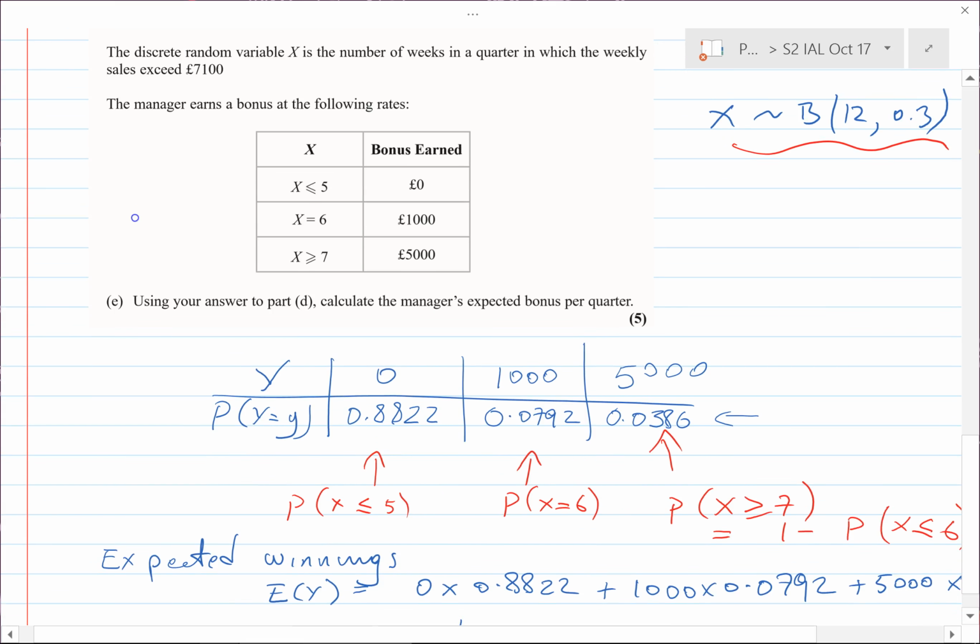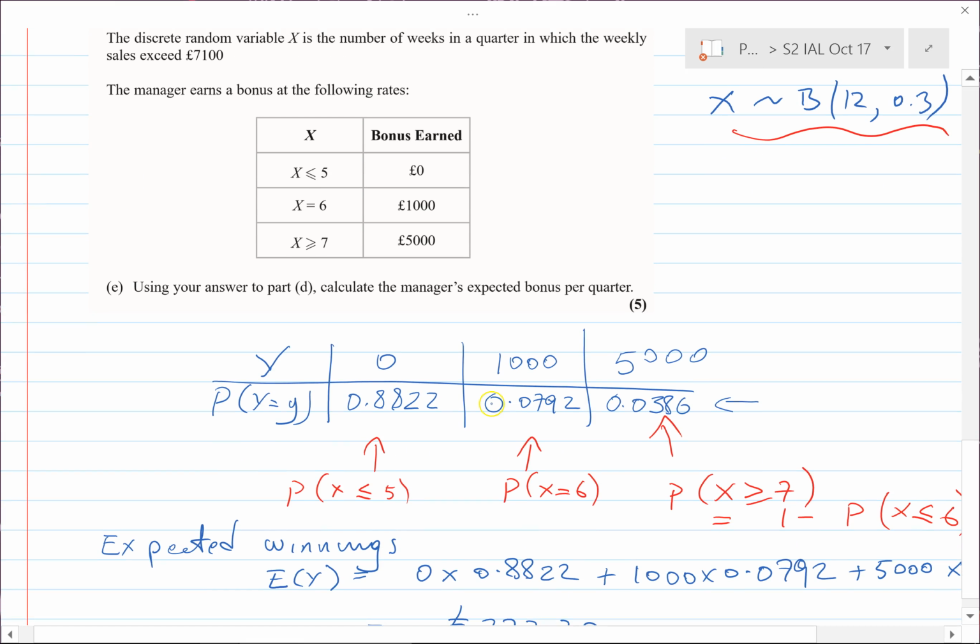So what we do is we will use, and again I use the tables, that number you can get from P(X is less than or equal to 5) on the binomial. So Y I've defined as basically these numbers here, with probabilities associated with these. So the probability that X is less than or equal to 5 is 0.08822.